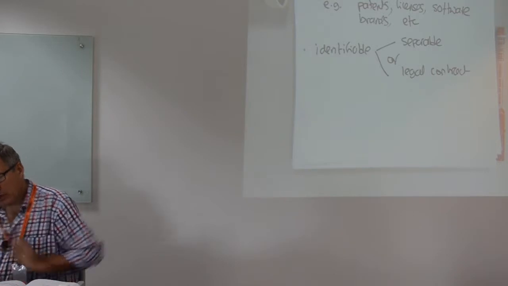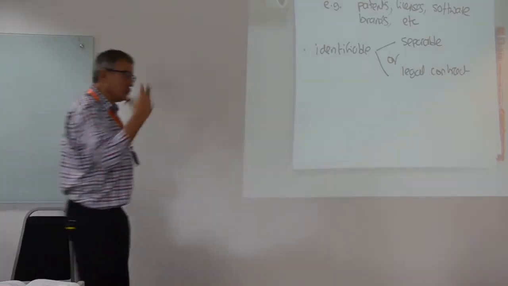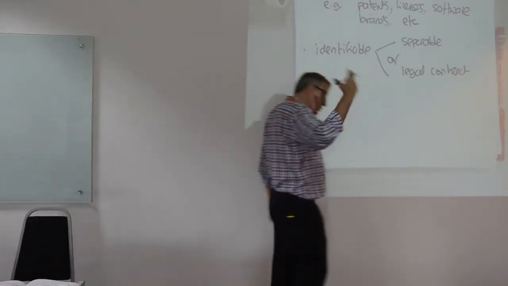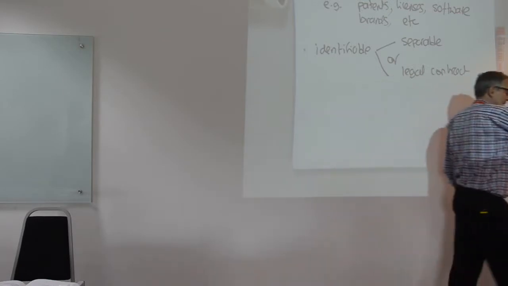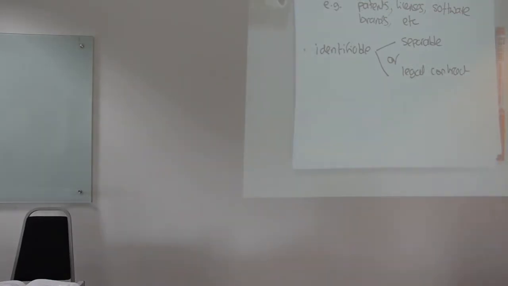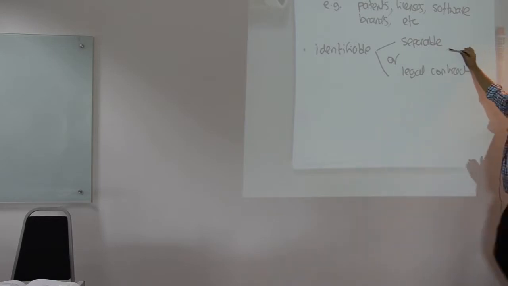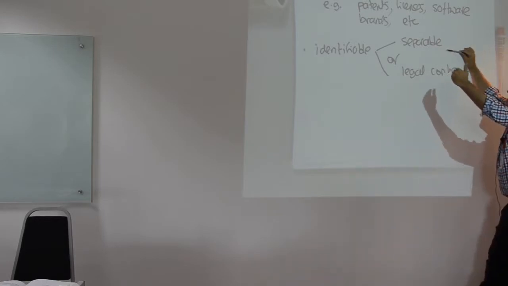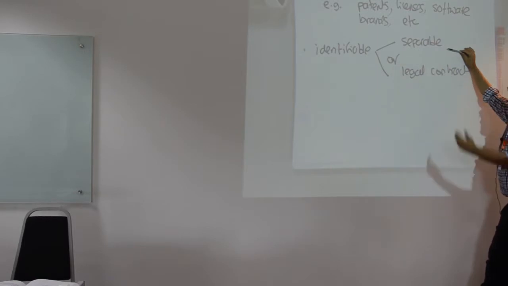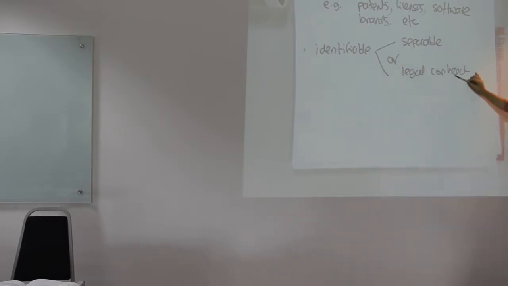So goodwill is not separable. You cannot sell goodwill in isolation, which is why IAS 38 defines an intangible asset in a way that excludes goodwill. So for it to be identifiable, you have to be able to sell the brand, sell the patent, sell the license, sell the software on its own, or it is backed by a legal contract.